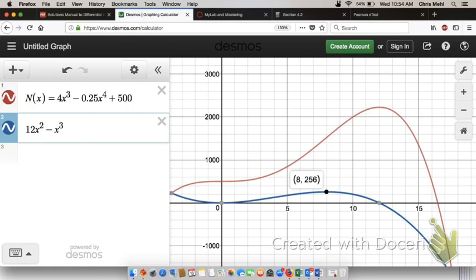And that also gives you an inflection point right here at 8, 1524. Okay, and also I guess I should say this, we knew that the maximum rate of change in sales was this $256 or $256,000 depending on what the units were.